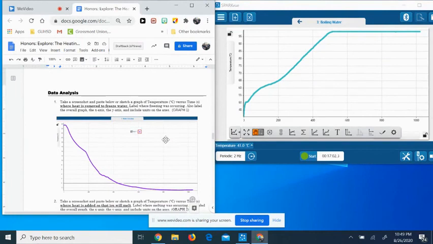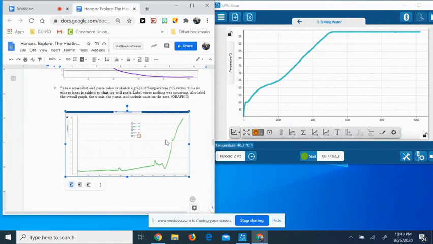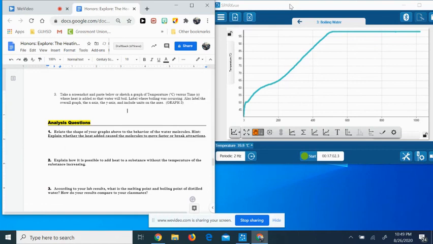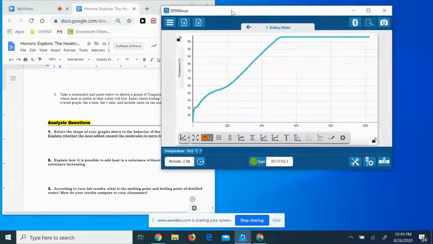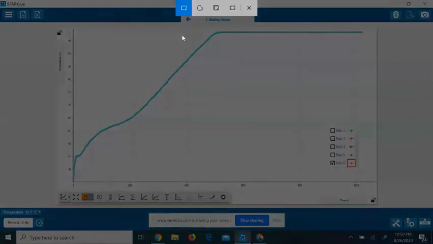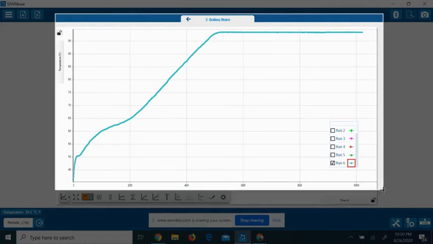Now, as you scroll down, you will see I have already embedded the graph for part 1 and the graph for part 2. And part 3 is right here. It is blank, so I'm going to show you how I'm doing that. I'm going to delete this graph and come over here to my SparkView. I'm going to make it full screen and hit Windows Shift S, and that's going to allow me to take a screenshot of this data.